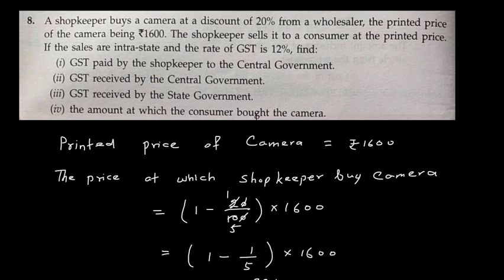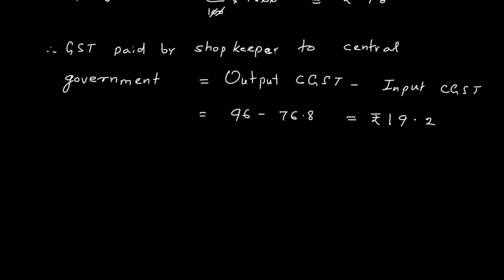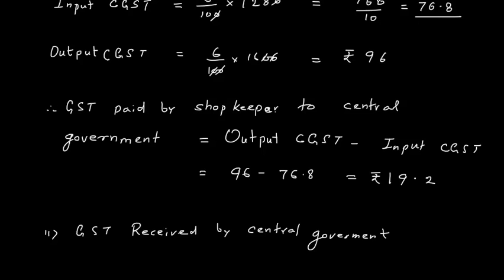Okay. Now the second point is GST received by the central government. So the central government will receive whatever is output CGST, rupees 96 he will receive.